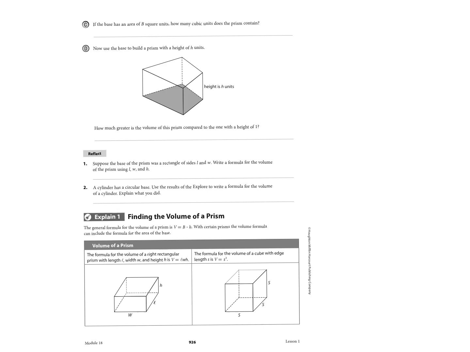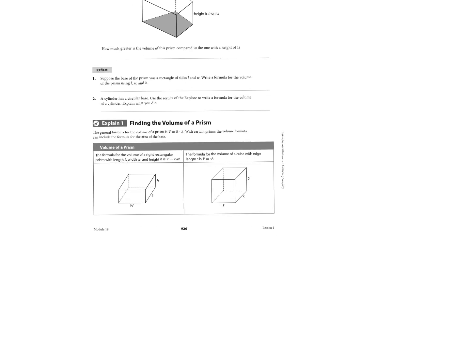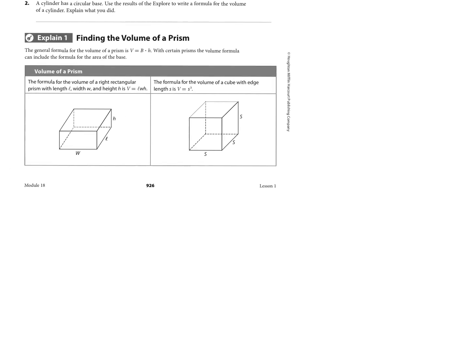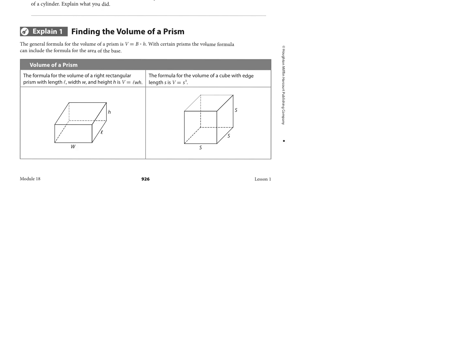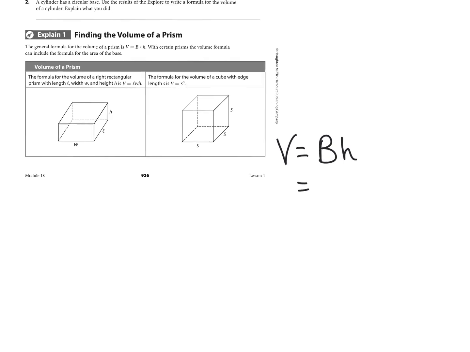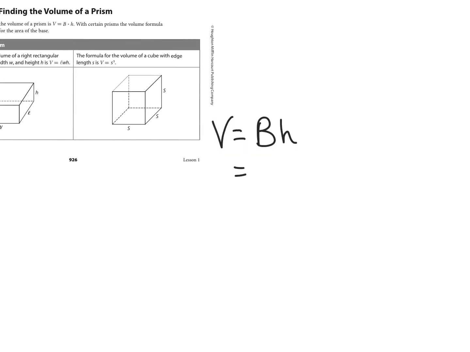Okay, so this is going to be all of 18, review for all of 18, or if you missed something. The one formula that I want you to remember is that volume equals area of the base times height. Now that area of the base will change.